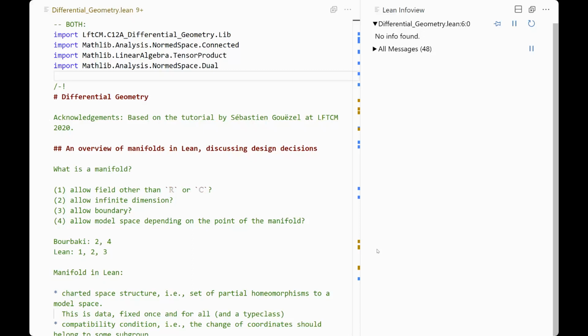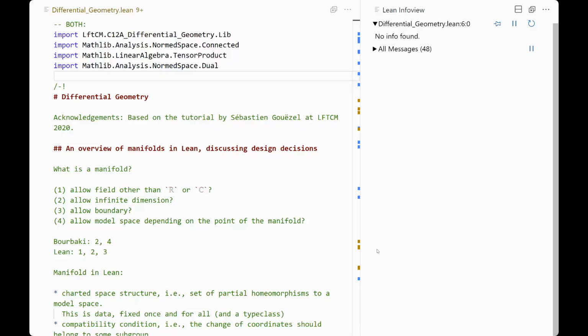So here are some questions you can ask. What's in the definition of a manifold? Like the field that you're working over, do you require that it must be the real numbers or the complex numbers? Or do you allow more general fields? Do you allow manifolds of infinite dimension, or do you restrict yourself to finite dimensional manifolds?